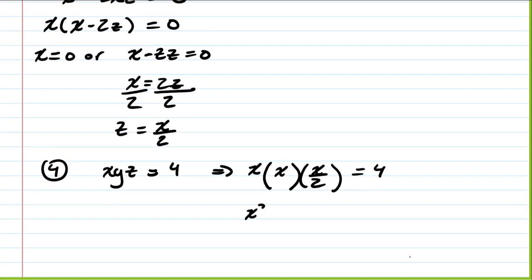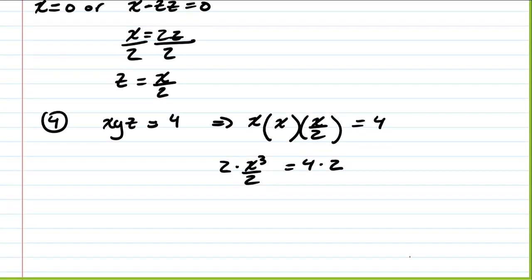So we get x cubed over 2 equals 4. Multiply both sides of our equation by 2, and we're back to x cubed equals 8. Take the cube root, and we have x is equal to 2.